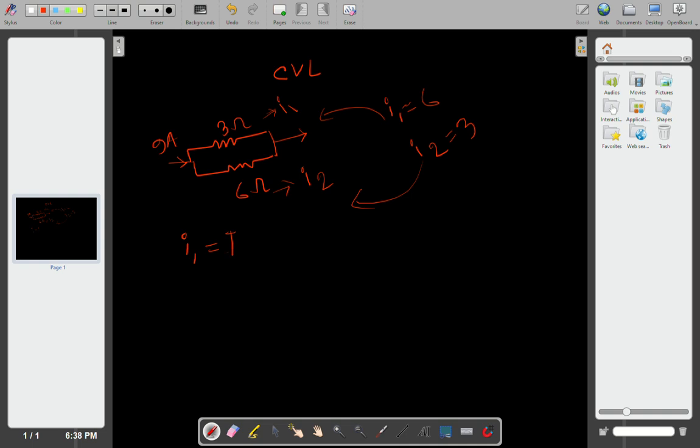I, which is 9 ampere. We call it I, and then it's R2 divided by R1 plus R2.